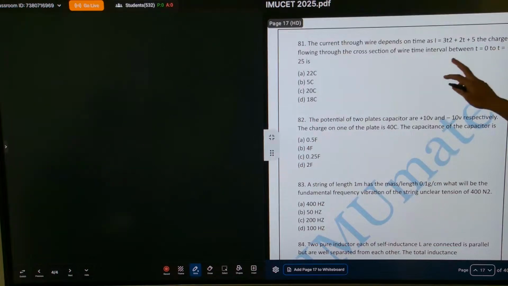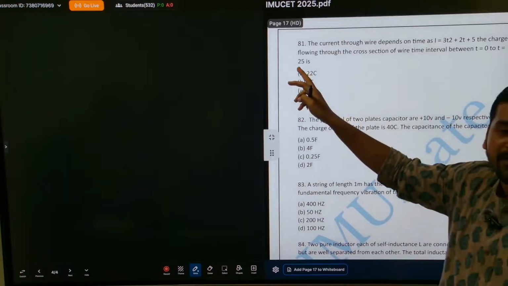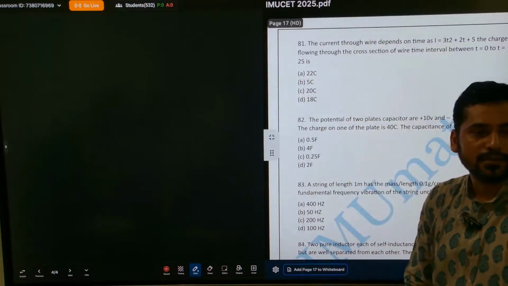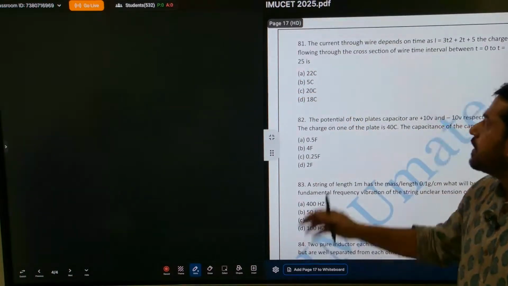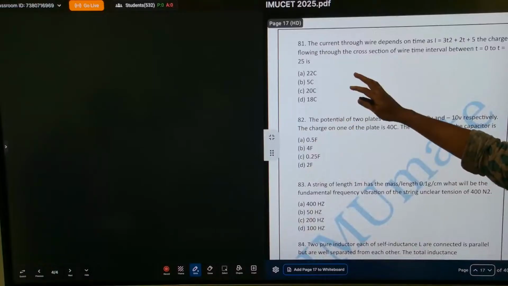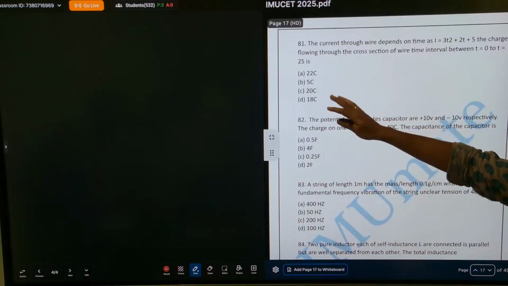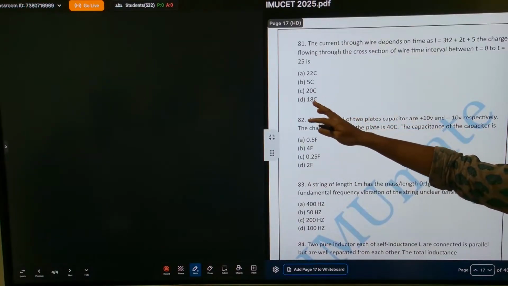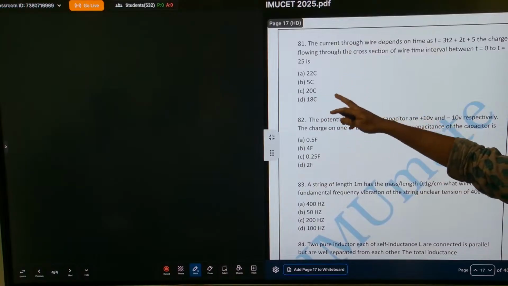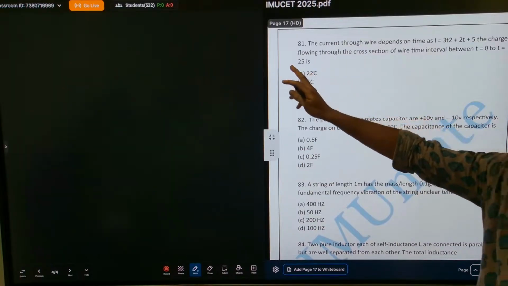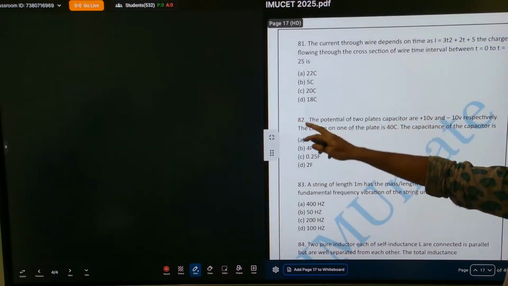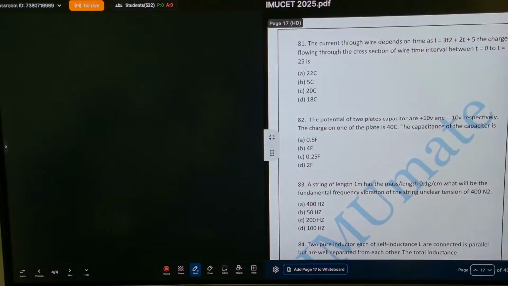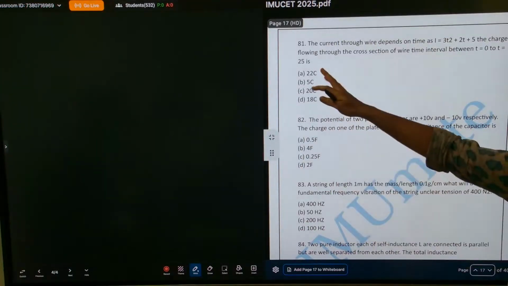Now, through any cross section of the wire, the interval is between time 0 to time, this is not 25, this is 2 seconds. Otherwise, looking at the options, I can confirm that none of the options will match. If the time is 25, how can the options be less than 25? Okay, so this would be 2 seconds.